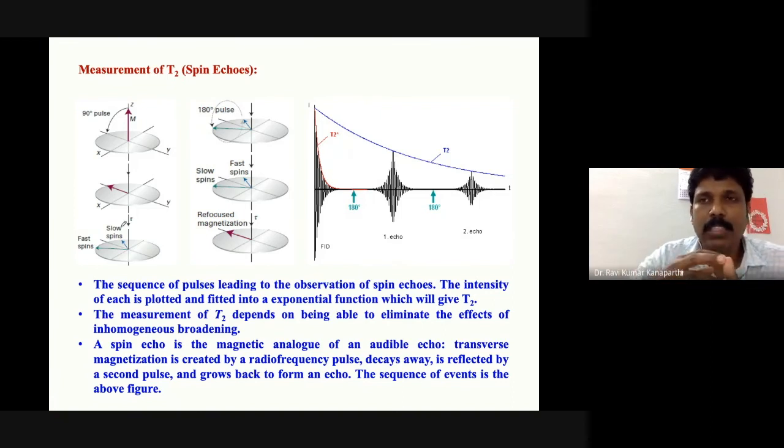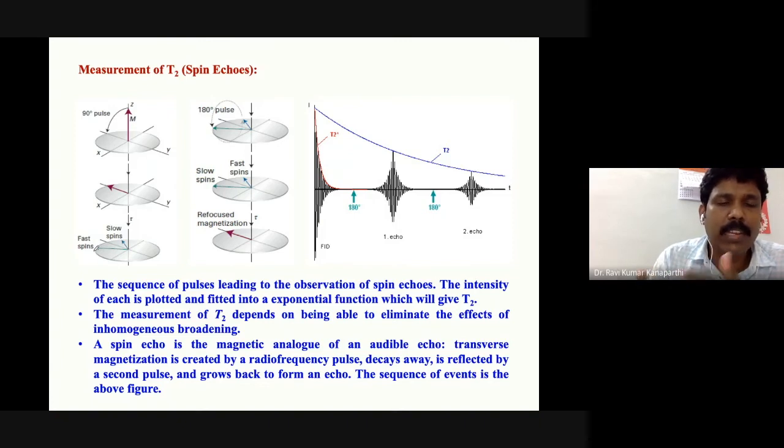So you have a broad range of spins. There are spins precessing with a slightly higher frequency than the applied Larmor frequency, and there are spins precessing slightly lower than the Larmor frequency, right? This gives rise to slower spins and faster spins.